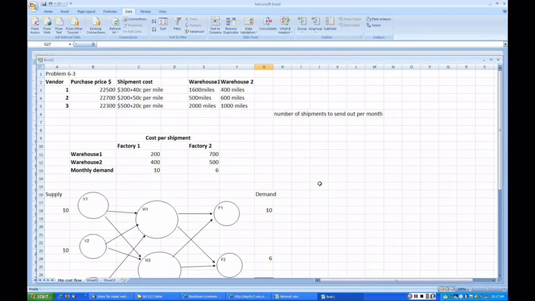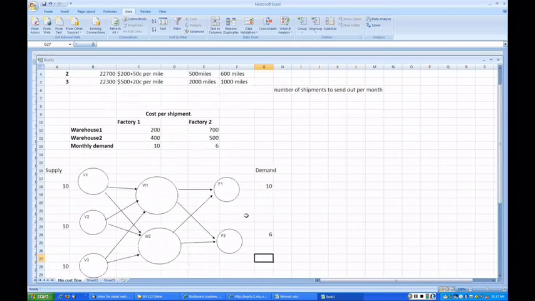Now here I draw your attention to one of the problems, that is problem 6.3 in your problem data set. The scenario here is that there is a factory that uses boom boxes that these three vendors produce, and the factory has two warehouses. As and when it needs the boxes, it withdraws from its warehouses and uses them in the final assembly.